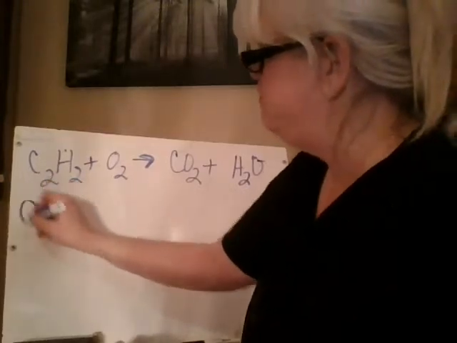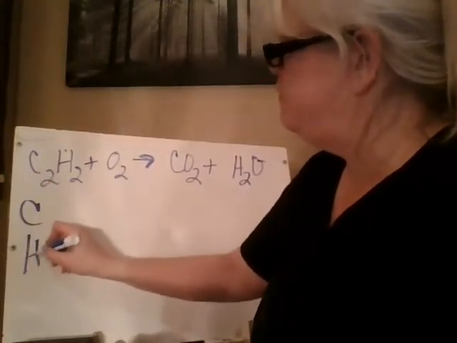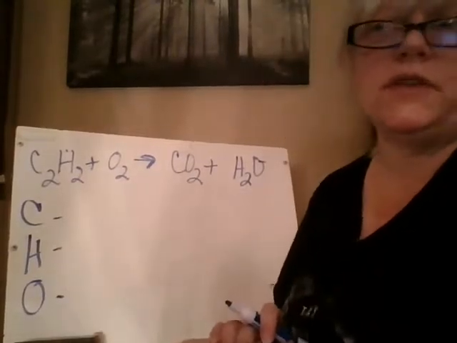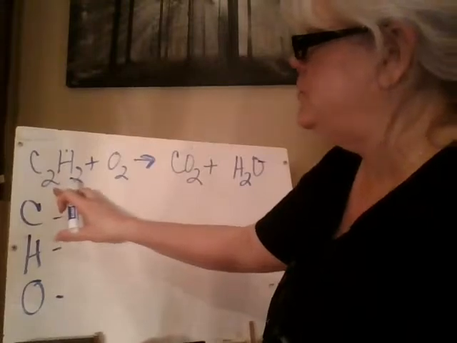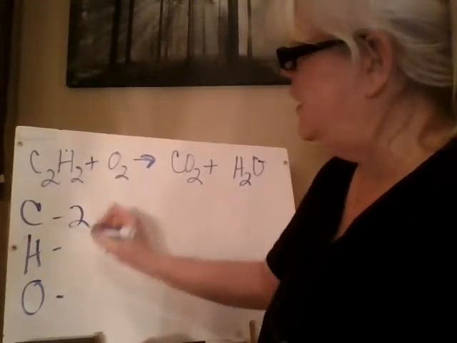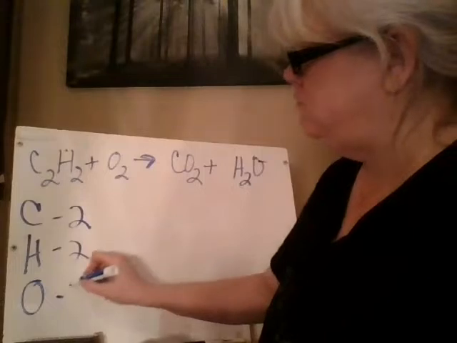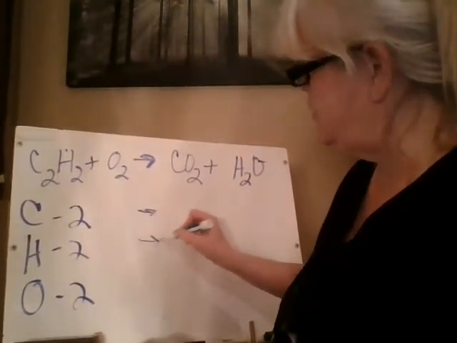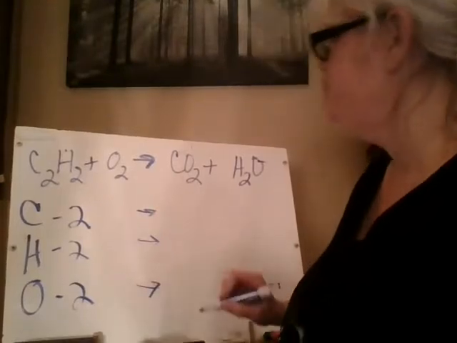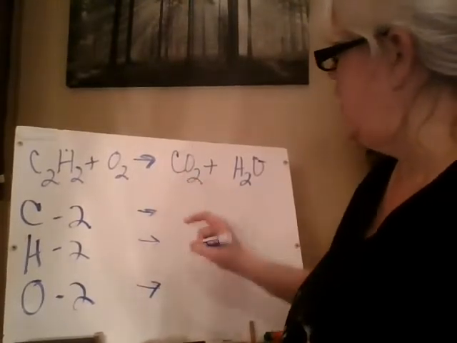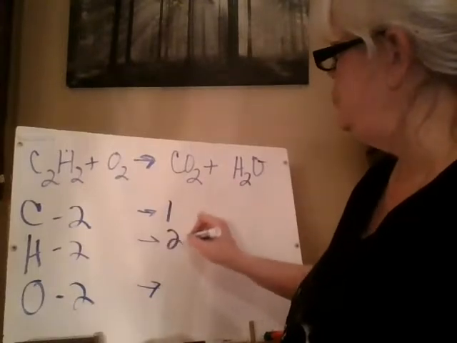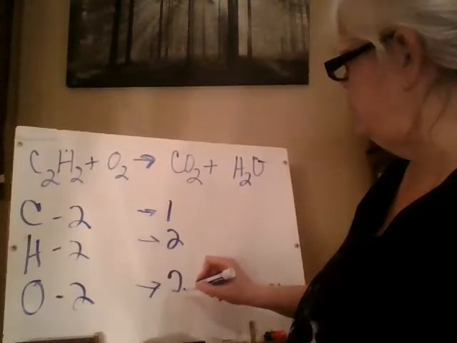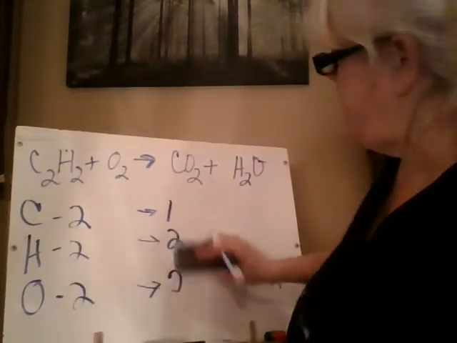So I have a carbon, I have hydrogen, and I have oxygen. There are only 3 elements involved in this one. Okay, so count initially, I have 2. I have 2, and I have 2. All right, so leave a little space because I might want to do a little changing. And my count over here, I have 1, and 2, and 2. Oh, my goodness.